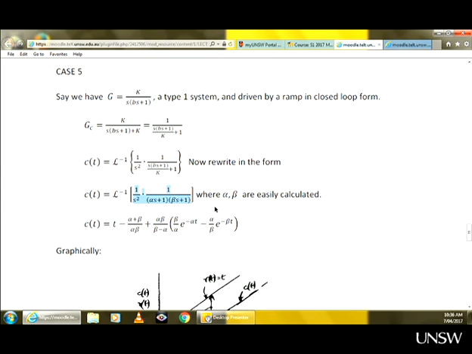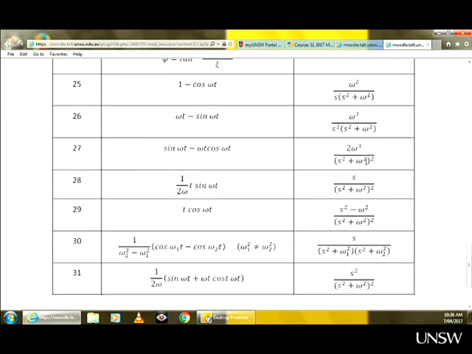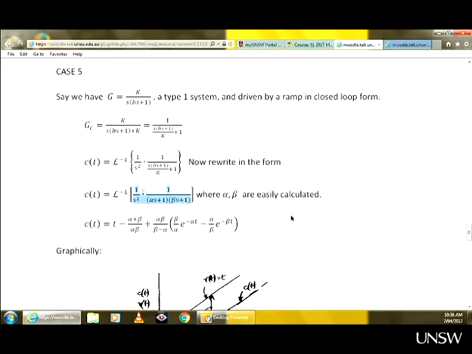For this, we will need partial fractions because there is nothing here that resembles our particular function. When you complete the partial fractions, you get the output like this. So you get two exponential terms, and that is the transient part, and then you have this straight line, or asymptote, or the steady state part of the response.